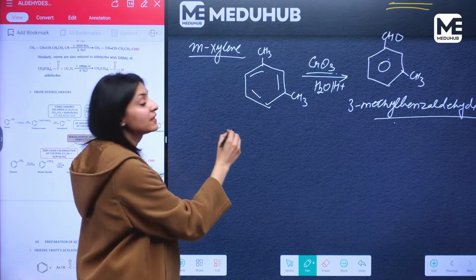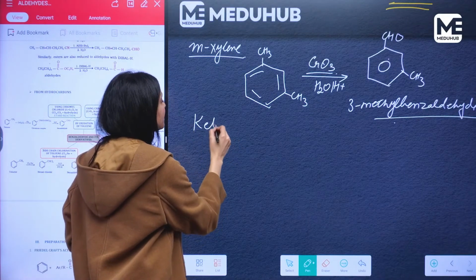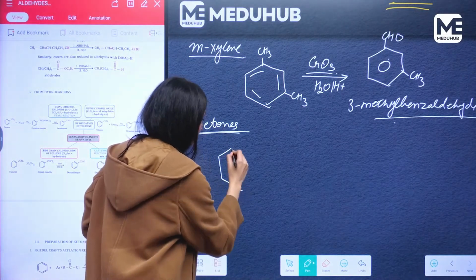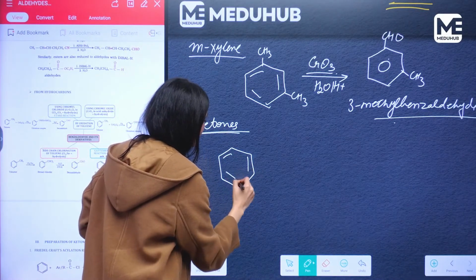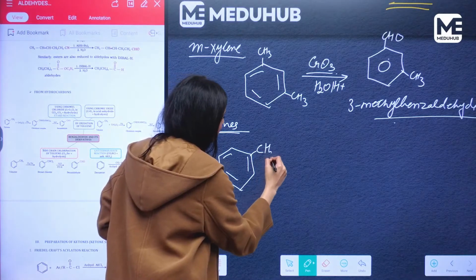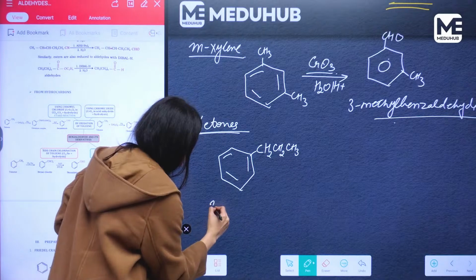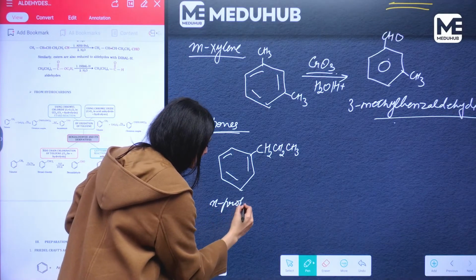Another thing, these methods can also be used for the preparation of ketones. How so? If we have this molecule as starting reagent, this is n-propyl benzene.